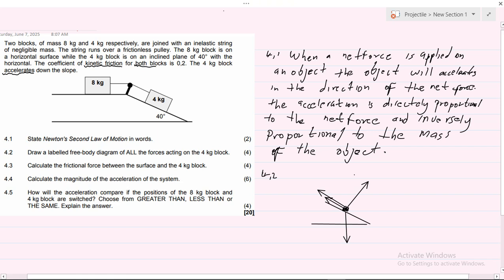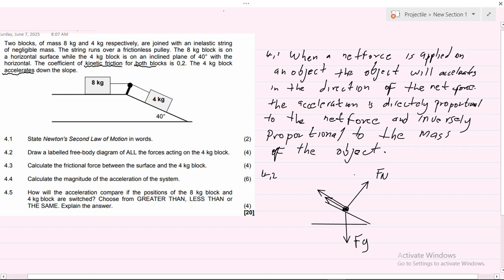Okay, I have tried, guys, to fit this diagram in. But this is our normal force, this is our gravitational force. The normal force is always perpendicular to the surface the block is on. The gravitational force is always perpendicular to the ground surface.